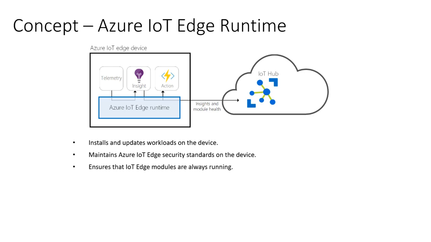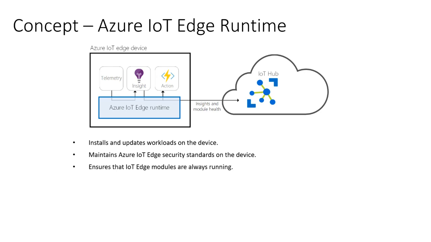The IoT Edge runtime is also the monitoring daemon that makes sure that the different modules running on that device are in a running state. It monitors the desired state being pushed from the cloud, looks at the current state of the modules running on the edge device, and determines if a state change needs to occur.